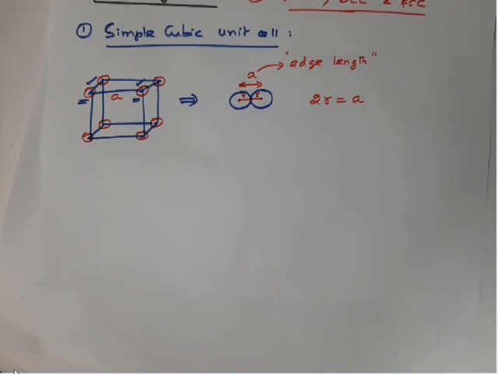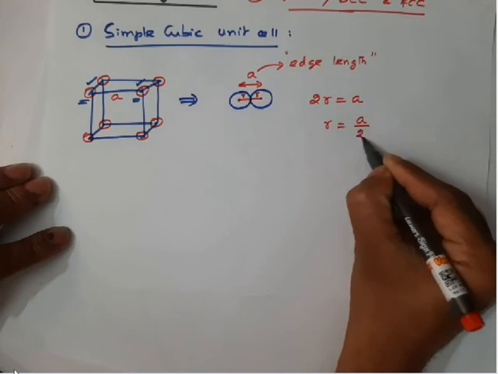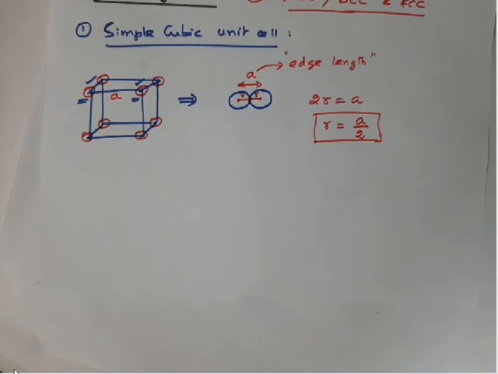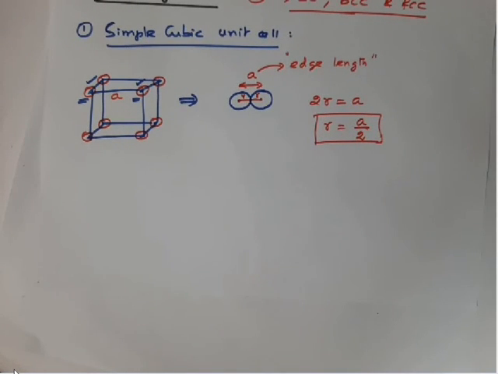Students, is this correct? Yes, sir. 2r equal to A, or you can also write r is equal to A by 2. The radius of an atom is equal to the edge length of the unit cell by 2. That is the relation between the radius and the edge length. Okay, keep this point in mind, very important.